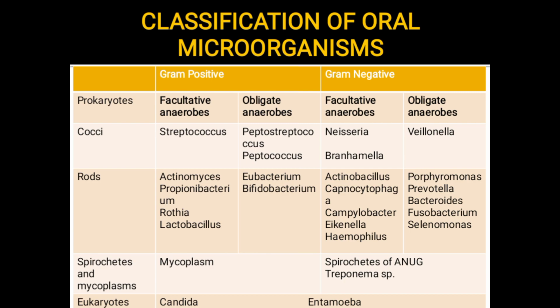Peptostreptococcus and Peptococcus. In gram negative, again divided into facultative anaerobes and obligate anaerobes, we have Neisseria, which is a facultative anaerobe, and Branhamella. Then we have obligate anaerobes in Veillonella. Then we have rods. Gram positive rods include facultative and obligate anaerobes. Among the facultative anaerobes, we basically have Actinomyces, Propionibacterium, Rothia, Lactobacillus.